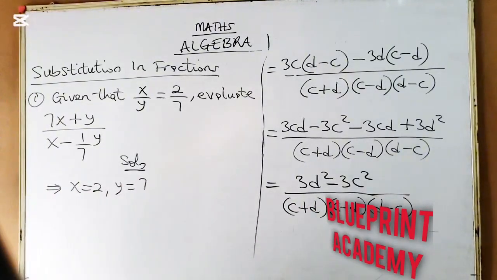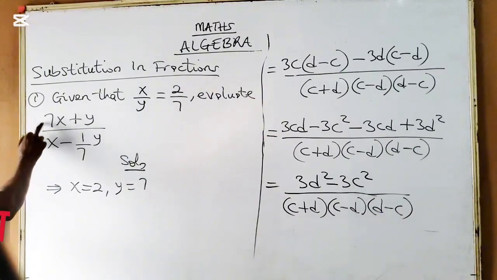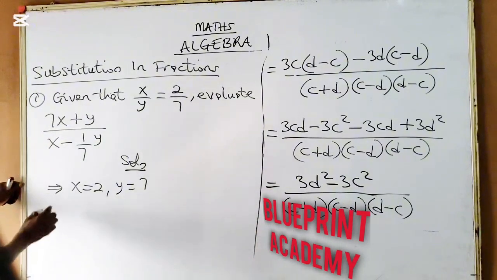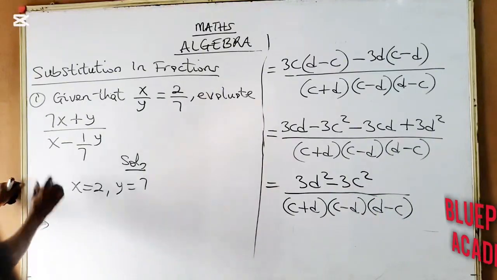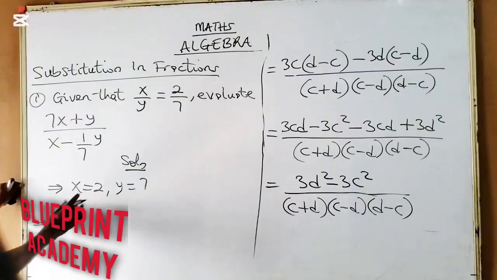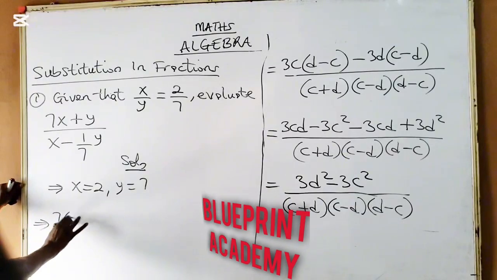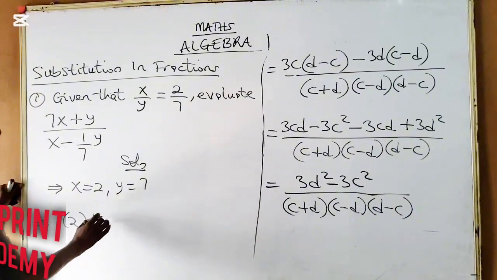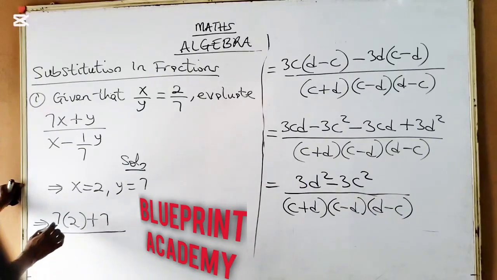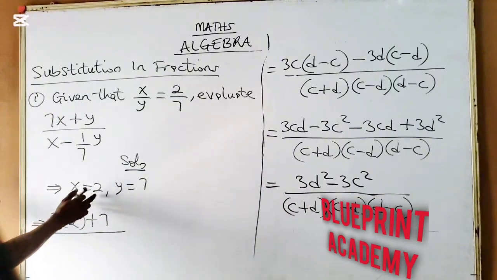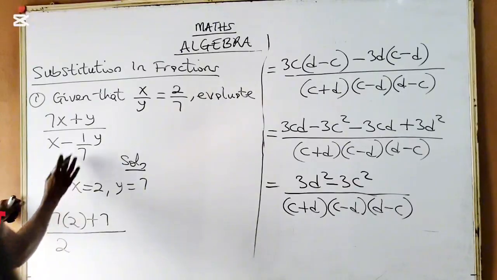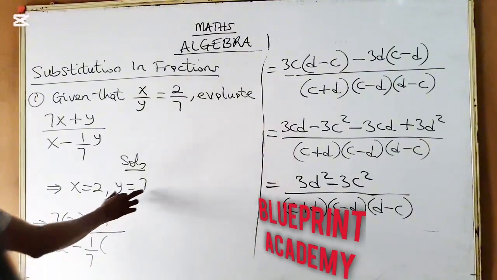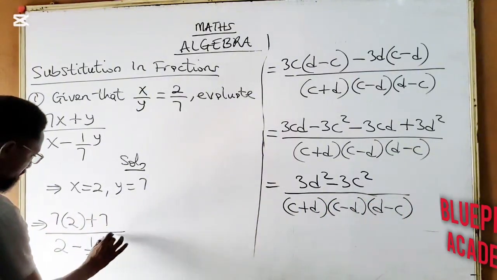So if x is equal to 2 and y is equal to 7, then in this particular expression I was asked to evaluate, I'll write a 7, then in place of x I'll put 2, then plus y, I'll put 7 in place of y, all over x is 2, then minus 1 over 7 times y, which is 7.